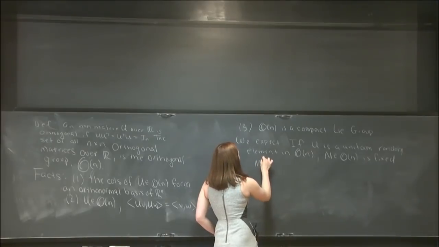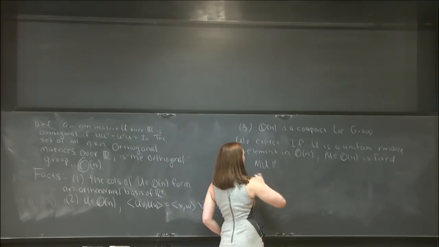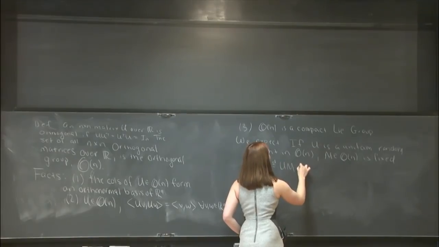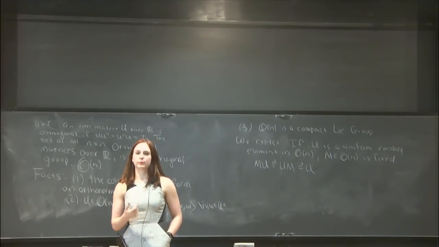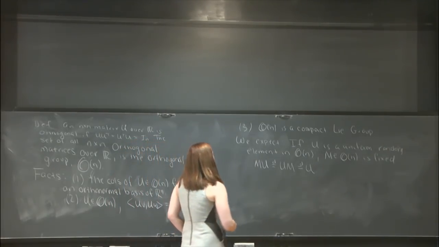If we multiply on the left by M, it has the same distribution as multiplying on the right by M, and that has the same distribution as the original matrix itself.